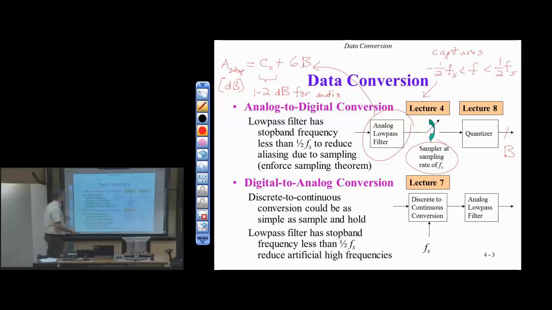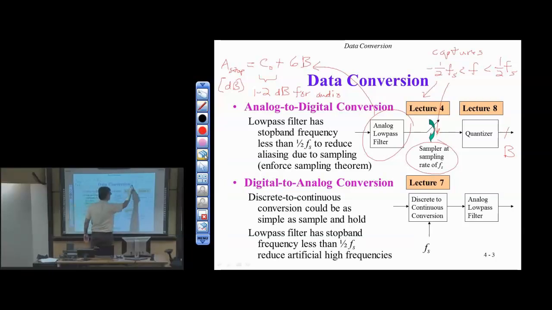So I also now know the stopband frequency of this low-pass filter. What's that going to be? You're going to want to set it so that none of the frequencies that you alias are a problem. So what is the stopband frequency? It should be half Fs, or to be safe, a little less than half Fs.